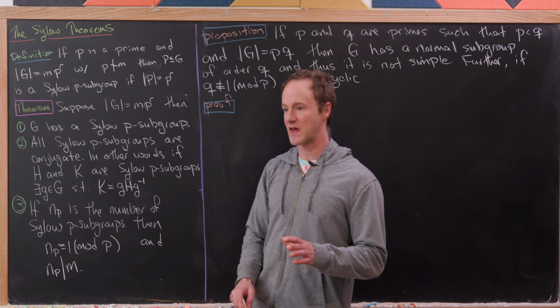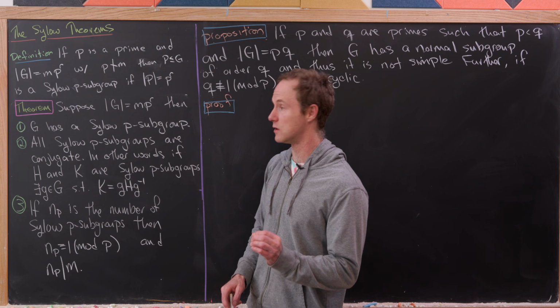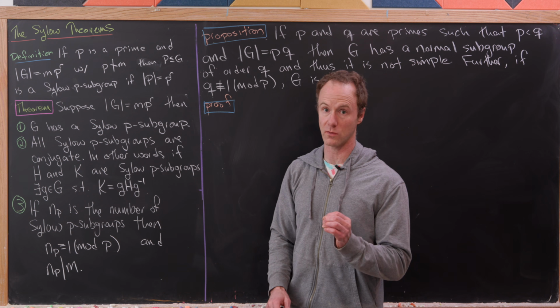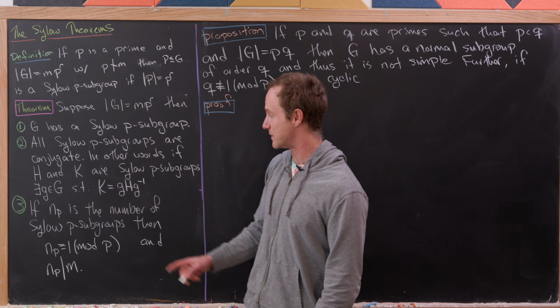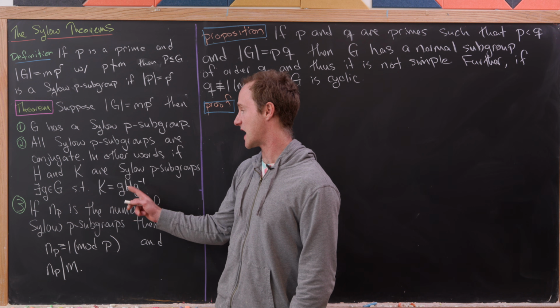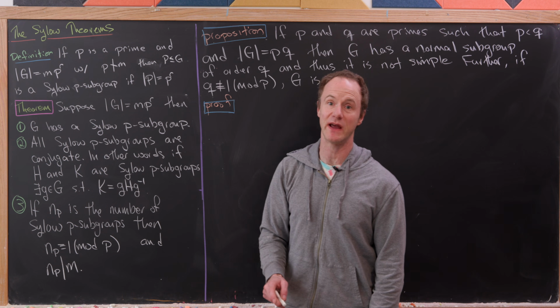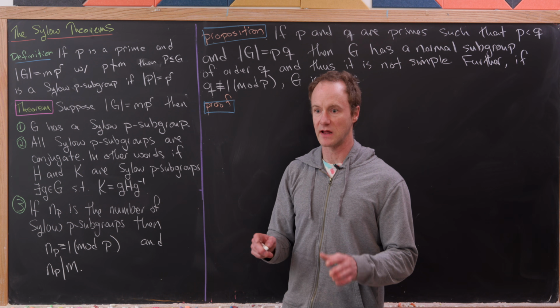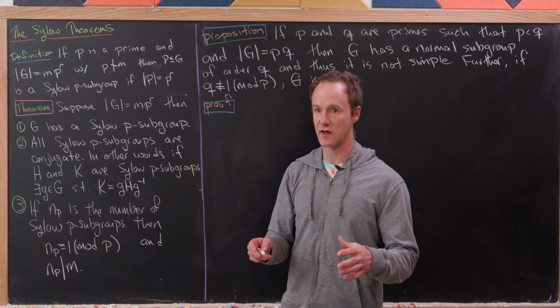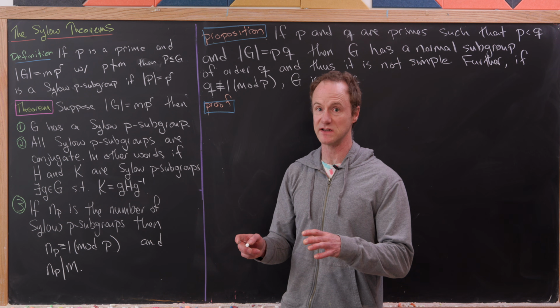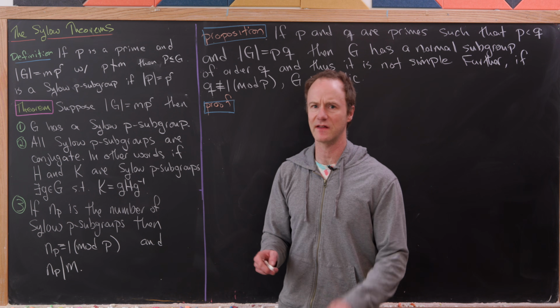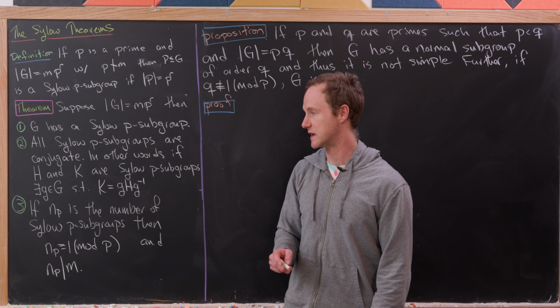Now let's observe that if there is a single Sylow p-subgroup, then it is necessarily normal. We can see that because this conjugation action brings us into another Sylow p-subgroup. But if there's only one Sylow p-subgroup, then it brings it back into itself. But that's exactly the condition for normality.